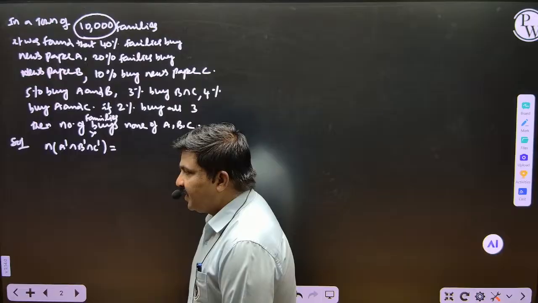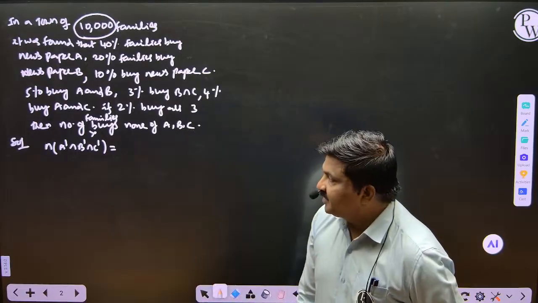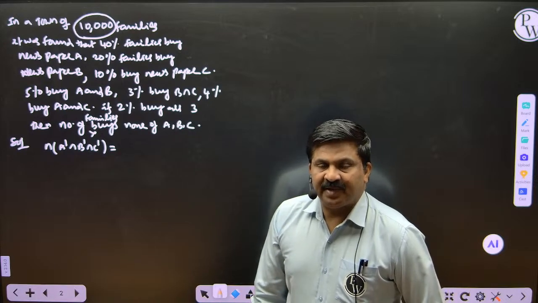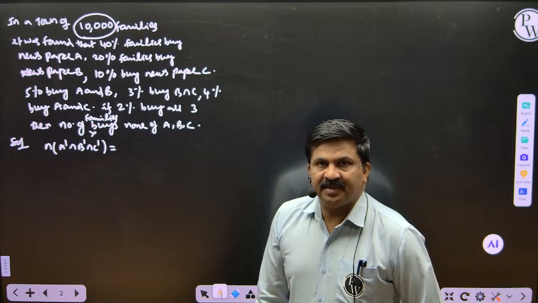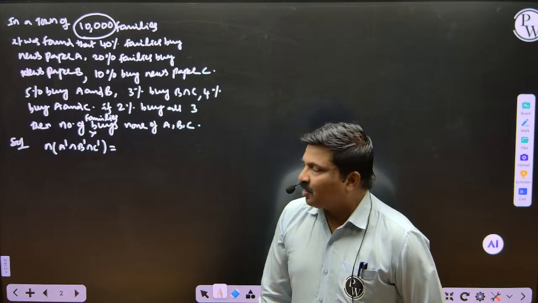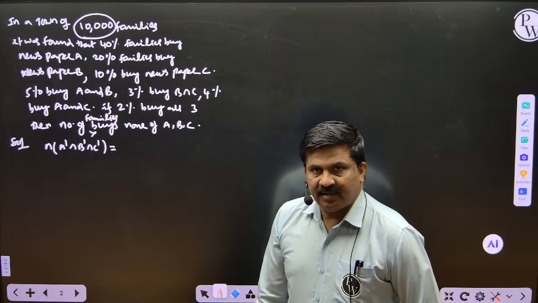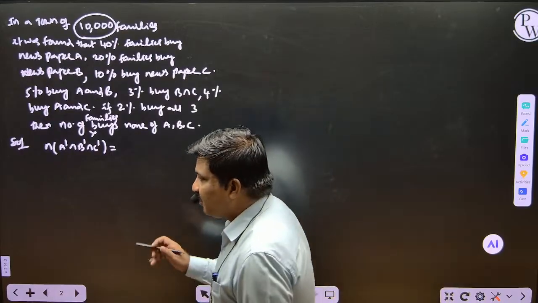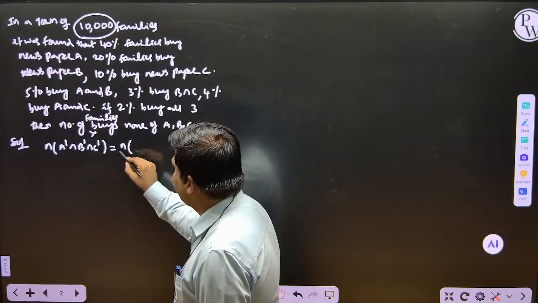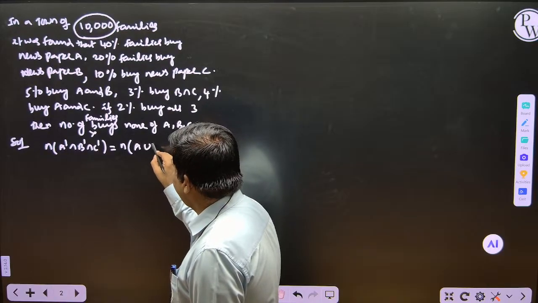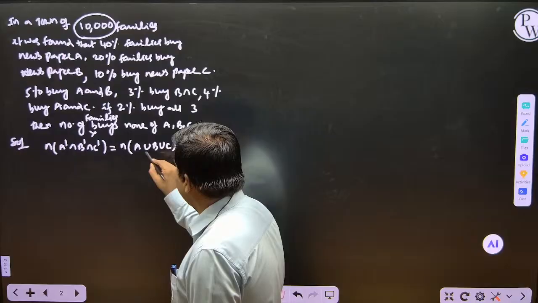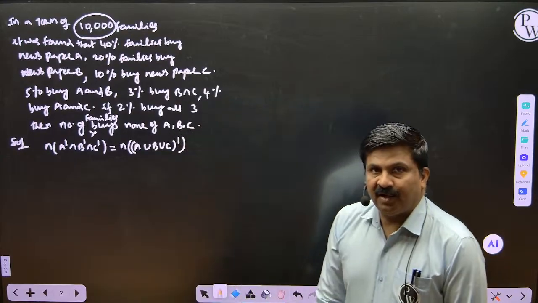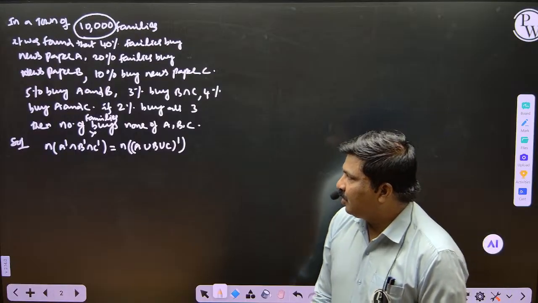A is buying newspaper A, B is buying newspaper B, C is buying newspaper C. Complement means no one buys it. So by De Morgan's law, I can write this as N of (A union B union C) whole complement.